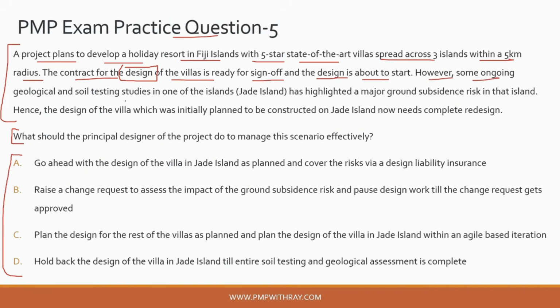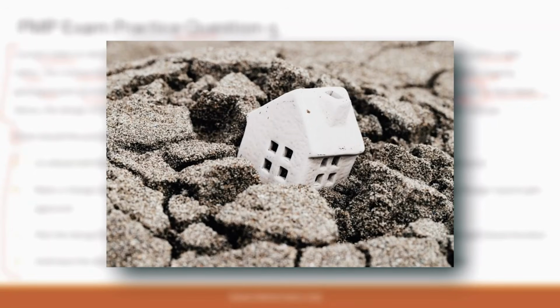However, some ongoing geological and soil testing studies in one of the islands, which is Jade Island here, has highlighted a major ground subsidence risk in that island, okay? Now, ground subsidence risk means, guys, that a construction going on top of that soil might have a risk of sinking down over time, okay?